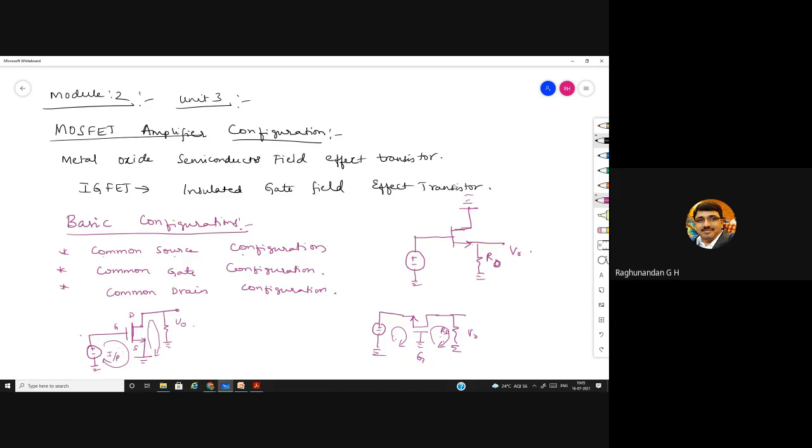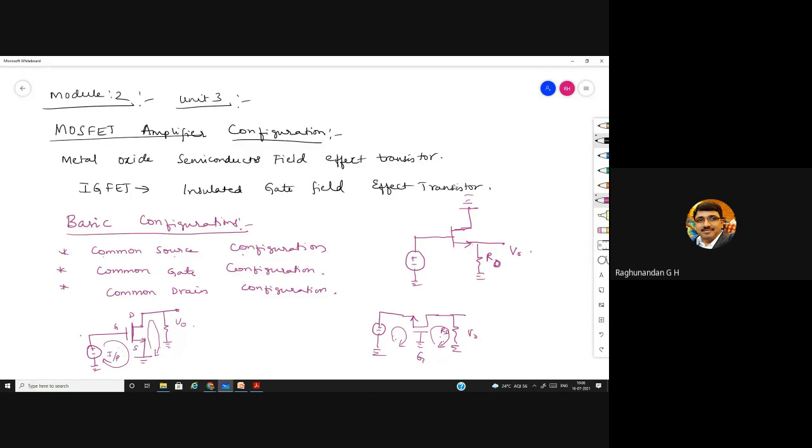Because of its lower current gain, its power gain goes low. Since the power gain goes low, it is considered to have lesser gain compared to the common source configuration.